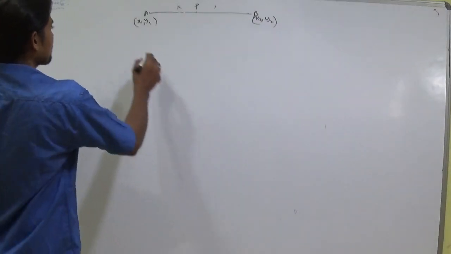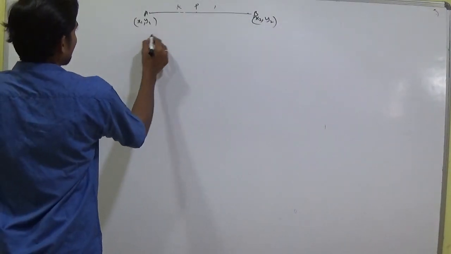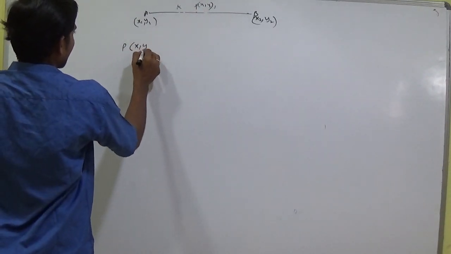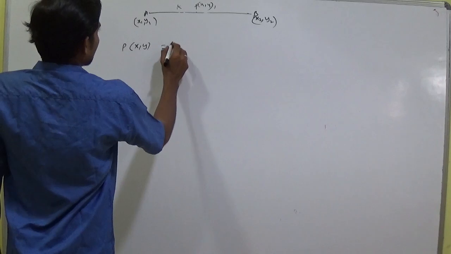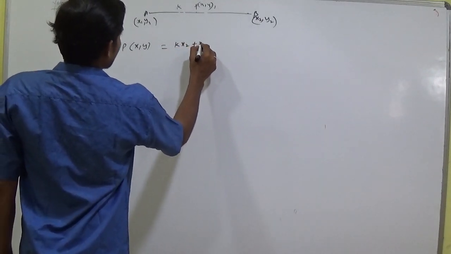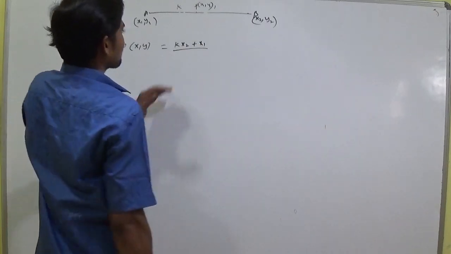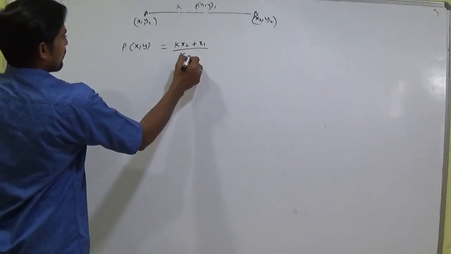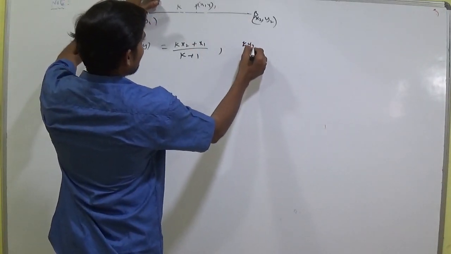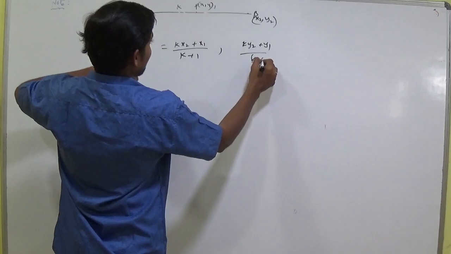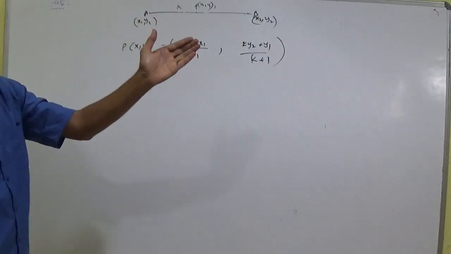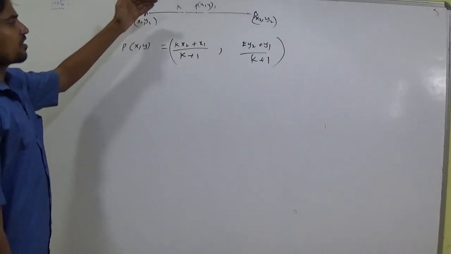Then the formula is P coordinates x comma y equal to Kx2 plus x1 by K plus 1, comma Ky2 plus y1 by K plus 1. When it divides in K:1 ratio. Which divides 1:1 ratio.